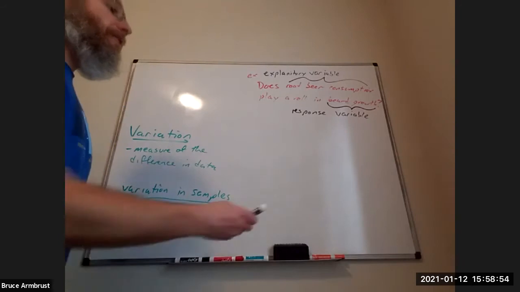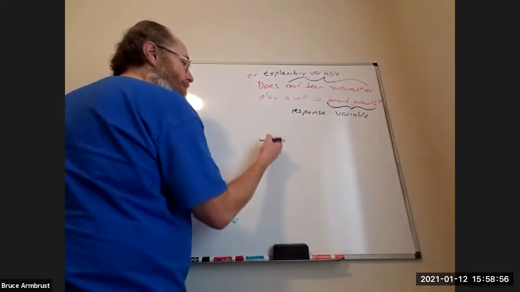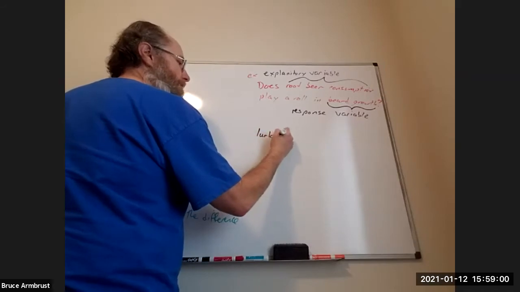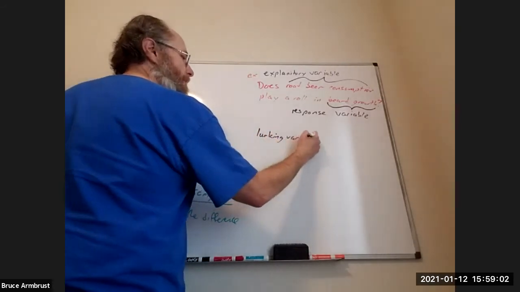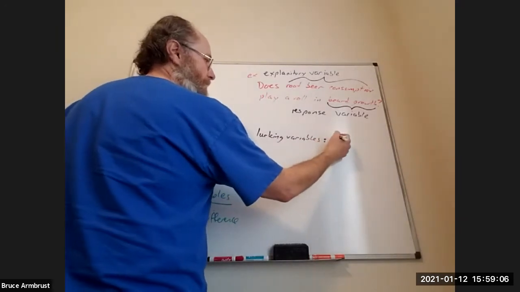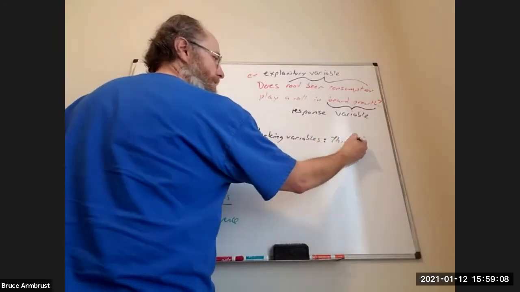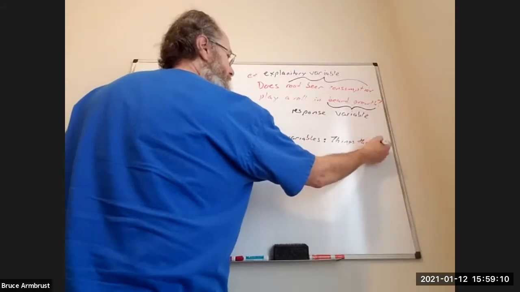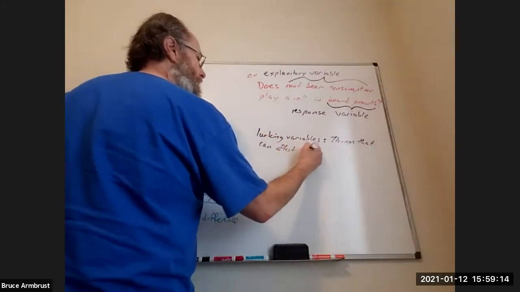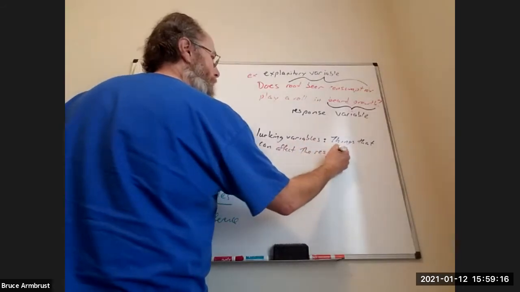Now, those other things that might be affecting it are what we call lurking variables. Okay, and so these are things that can affect the response variable.